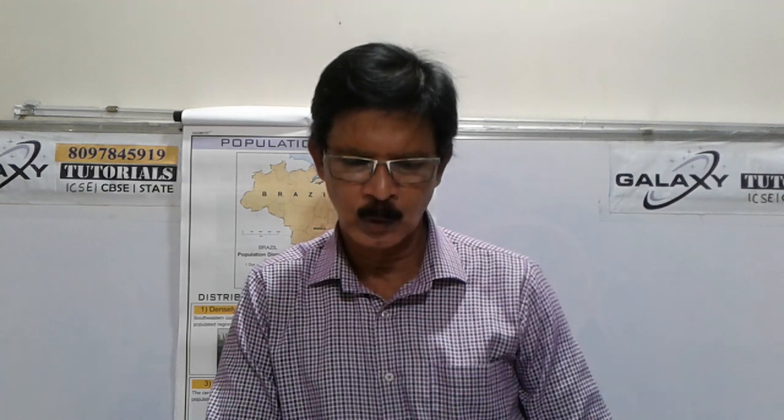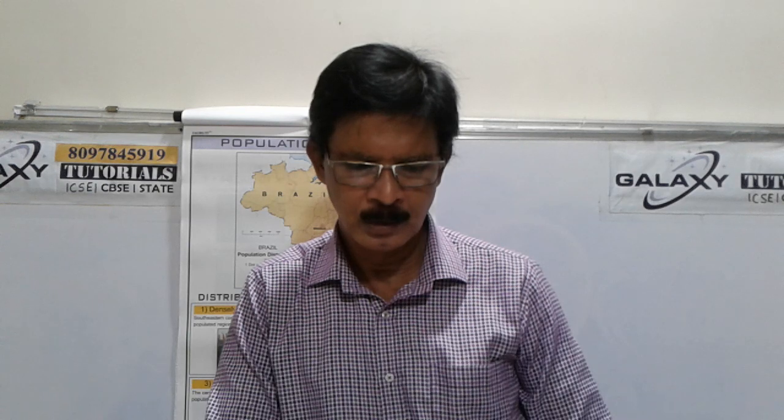The second thing you see is that the number of people in the age group of 30 to 34 is maximum in Brazil. Males as well as females are maximum in the age group of 30 to 34.